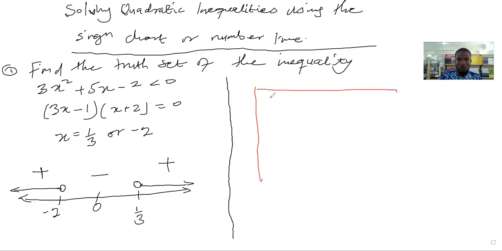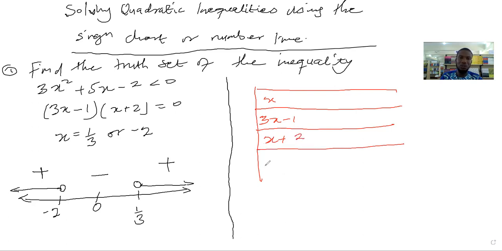And then in our table, we are going to have x. Then under the x, we are going to have our factors. So here 3x minus 1 will be here. Then we are going to have the second factor, which is x plus 2, also here. Then the last one, which is the two of them combined, which is our function.